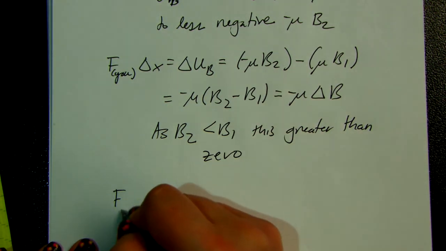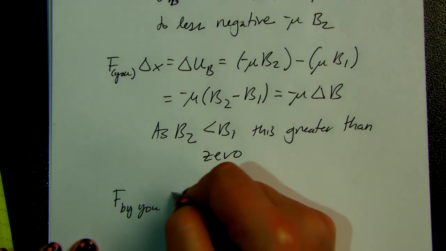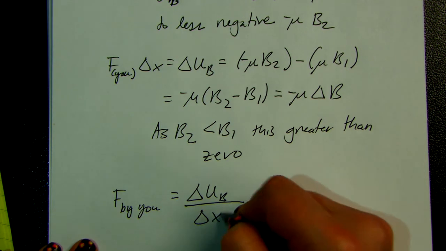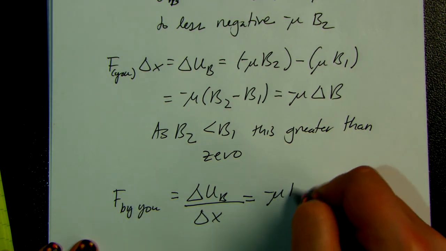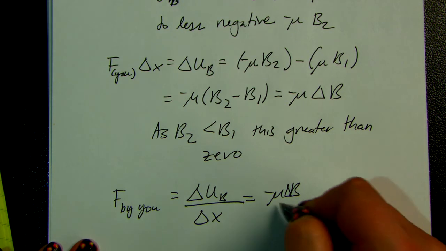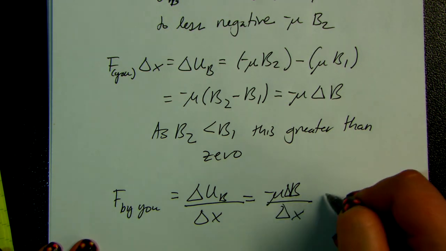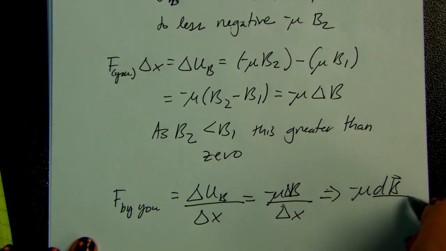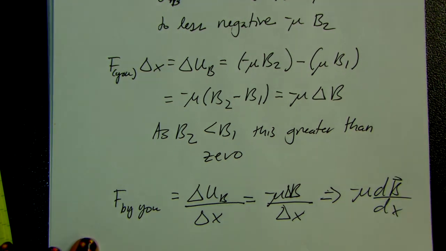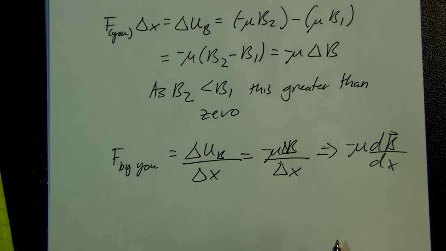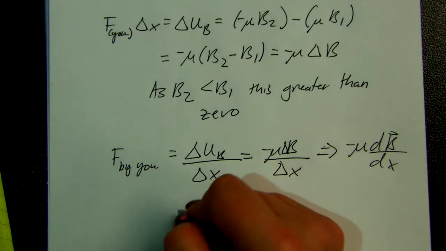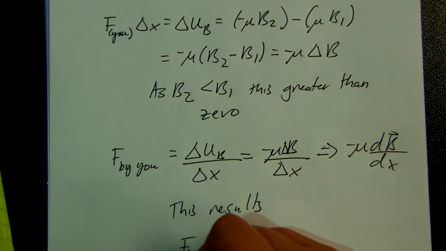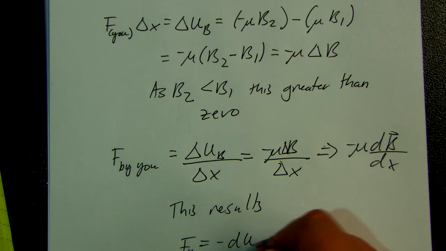So the force by U is equal to the change in magnetic potential divided by delta X, which is equal to minus mu, that's a delta B, over delta X, which gets us to minus mu dB dx. So we're going to look at the change in magnetic field with respect to the change in X. And this results in F sub X being equal to minus dU dx.